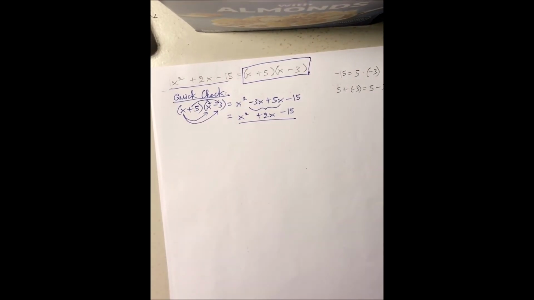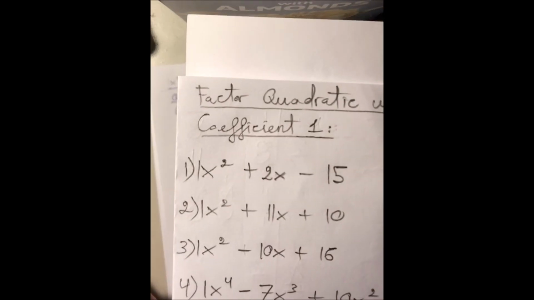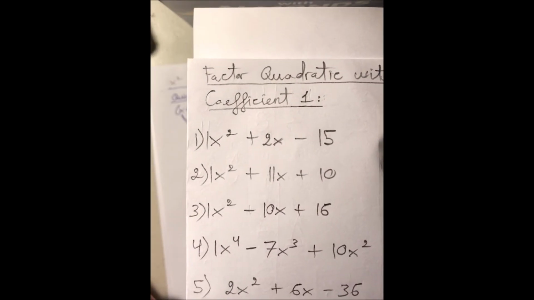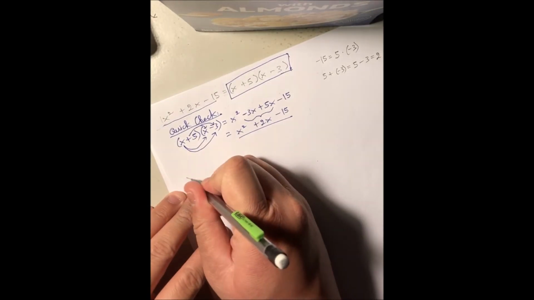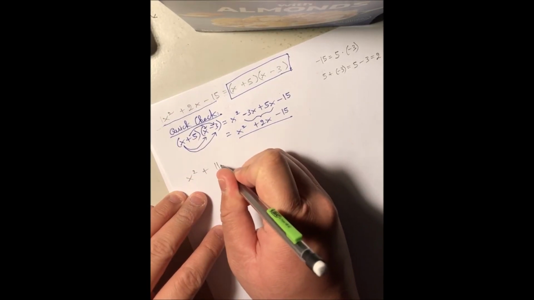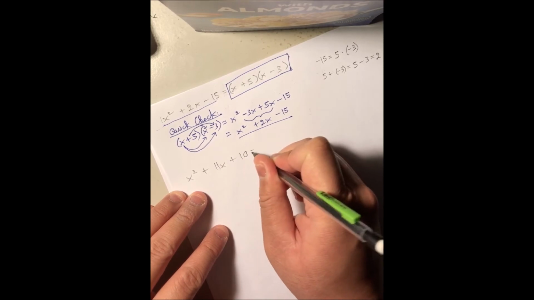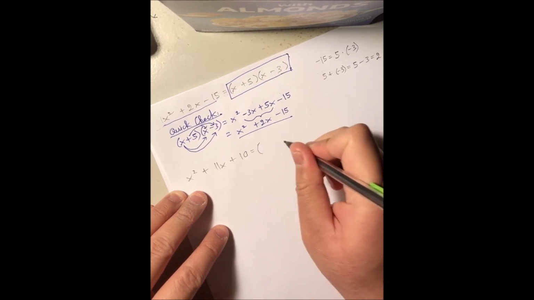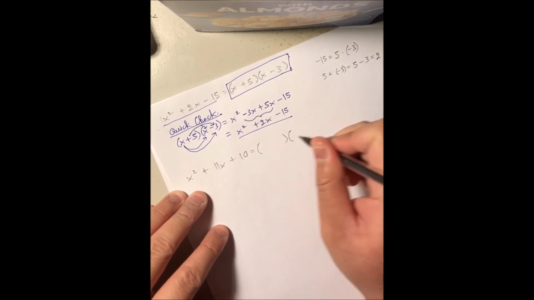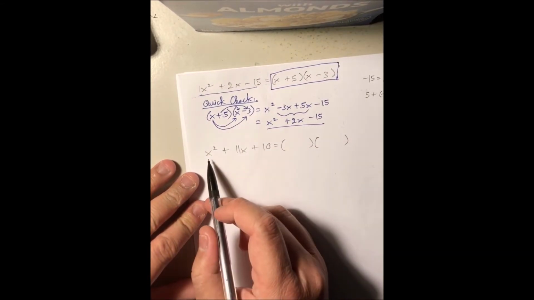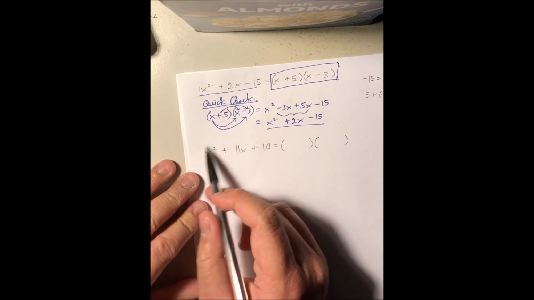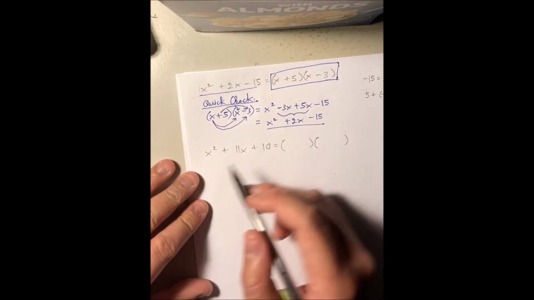Let's say we have the second example, x squared plus 11x plus 10. Same first step, set up a pair of empty parentheses. The first one we are going to look at is the first term of this expression, so x squared.